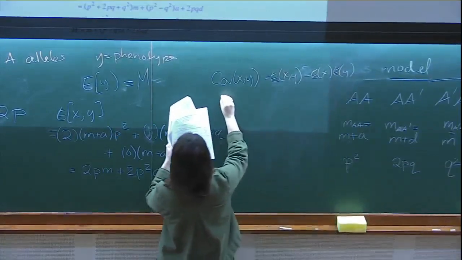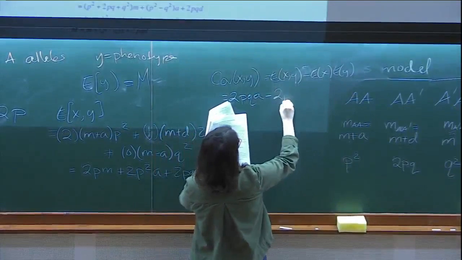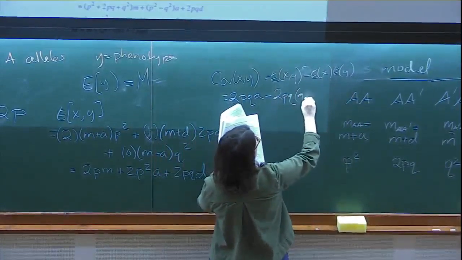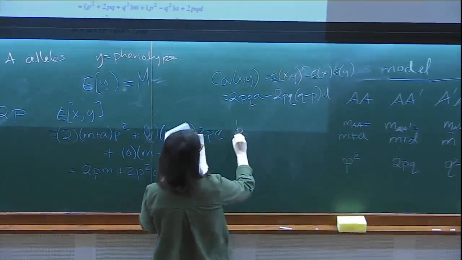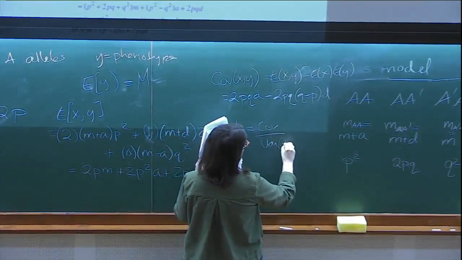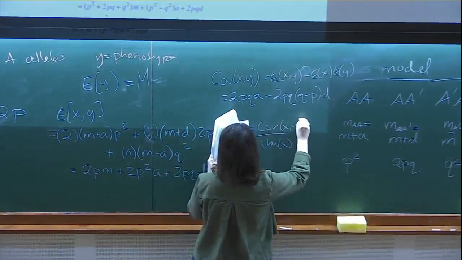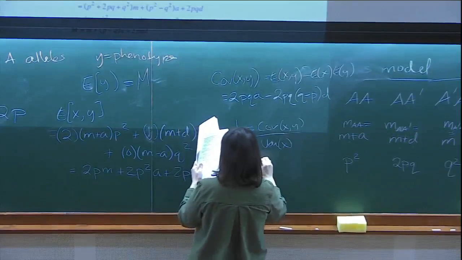A little bit of algebra gives this thing, 2pq[a − (q − p)d]. And finally, the regression is that covariance over the variance of x. And that ends up being this quantity.